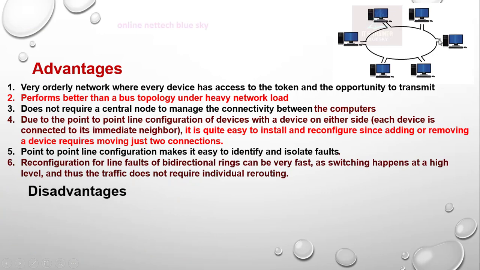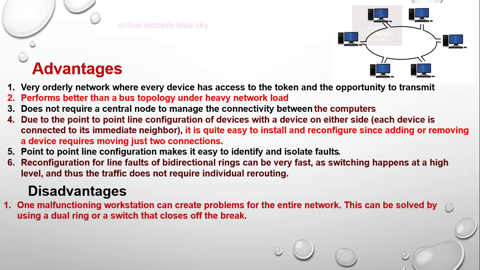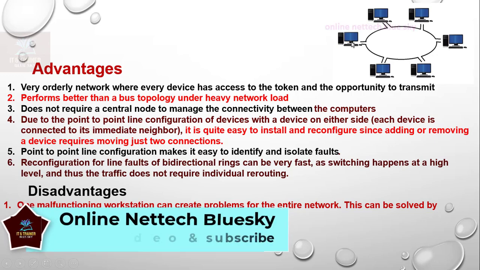Okay, now the disadvantages. What is the main problem of this ring topology? One malfunctioning workstation can create problems for the entire network. Sometimes one computer may stop, or be powered off. So your data does not go forward.